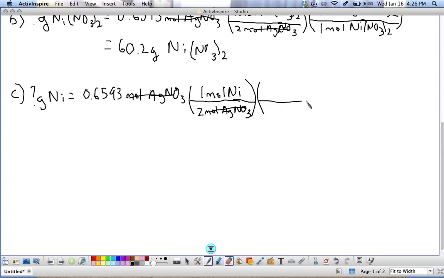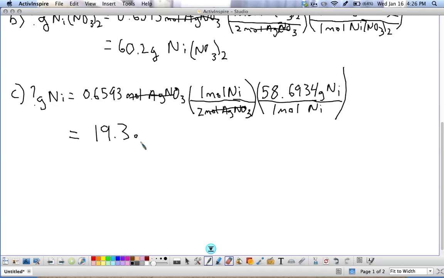So I do molar mass, 58.6934 grams of nickel, and 1 mole of nickel. Okay, and that gives us 19.3 grams nickel used.